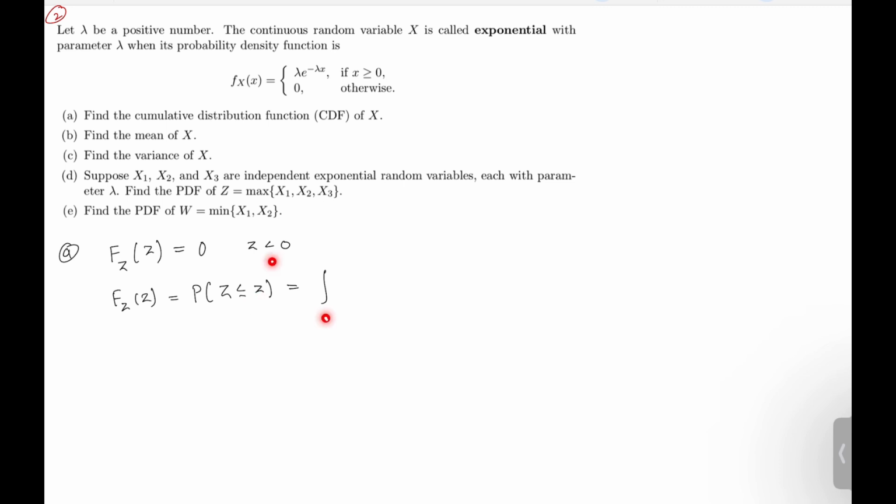Before 0, we have already found that the total accumulated probability is 0. So we can simply integrate from 0 till small z, right? So here we will have lambda e to the power minus lambda x dx, right?